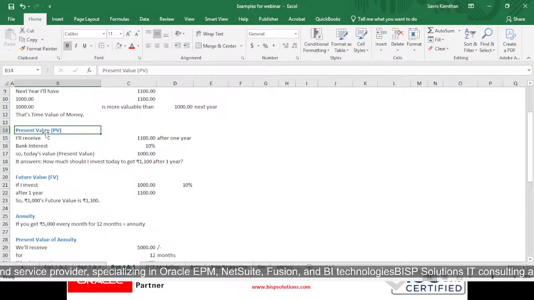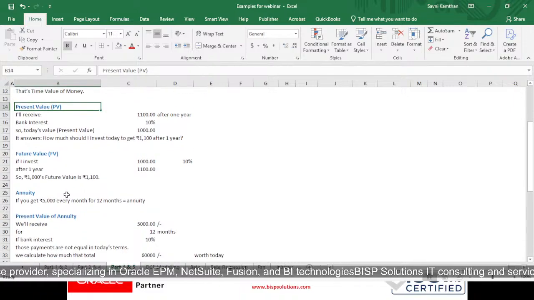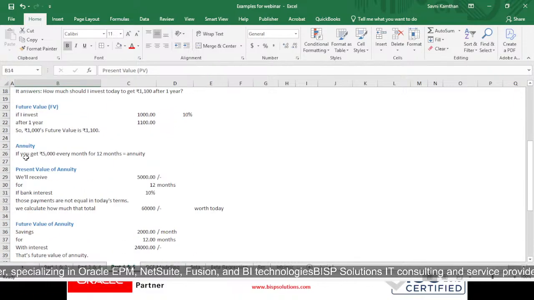PV is whatever amount we have right now, and annuity is when you get 5000 rupees every month for 12 months. As we discussed today, there are two types of annuity: present value of annuity and future value of annuity. For present value, we will receive 5000 rupees for 12 months.